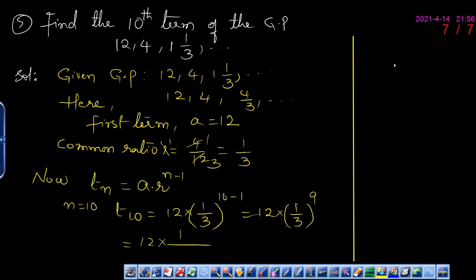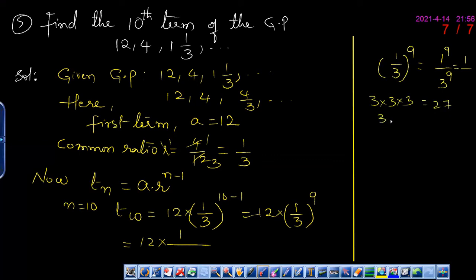1 by 3 whole power 9 means 1 power 9 divided by 3 power 9. 1 power 9 is 1. How much is 3 power 9? Do you know how much is 3 into 3 into 3? 27.